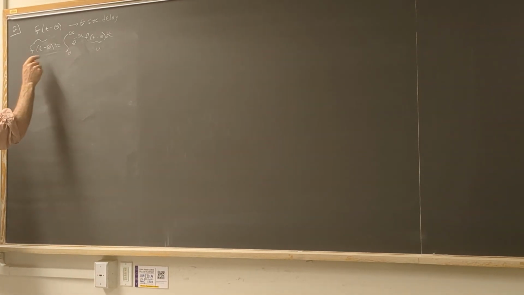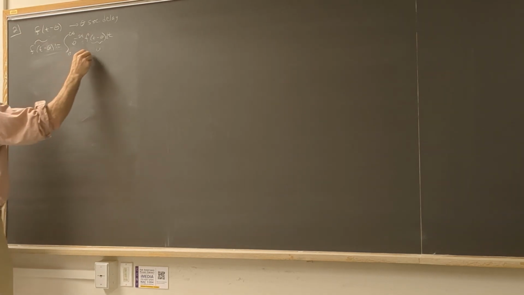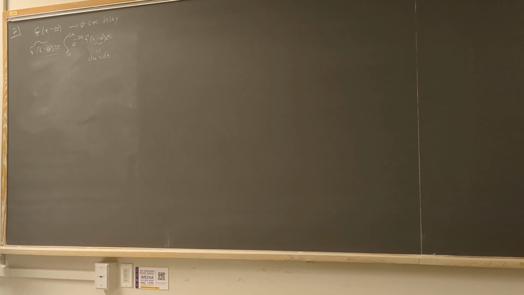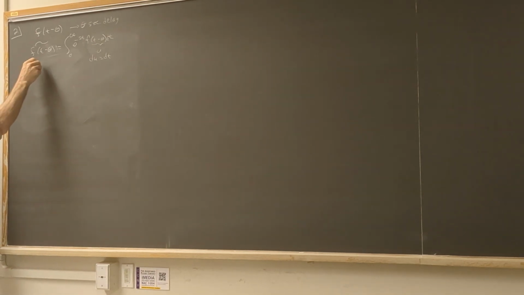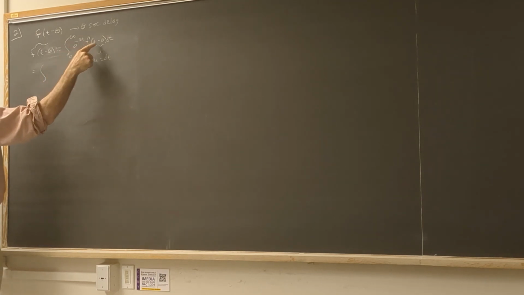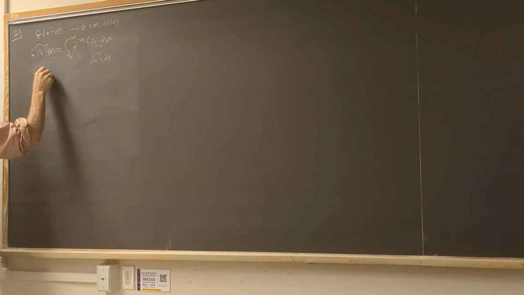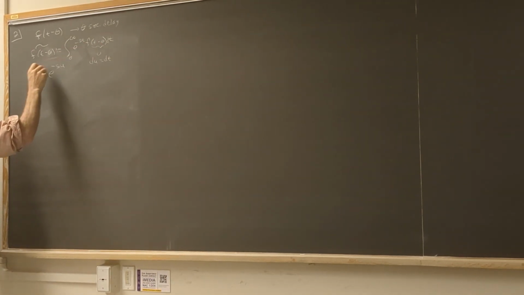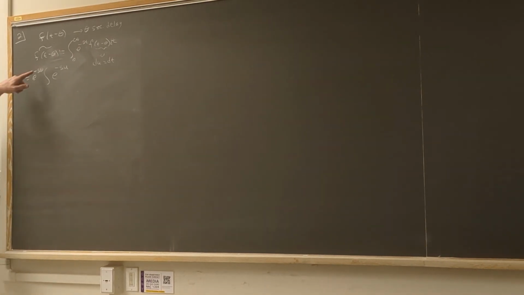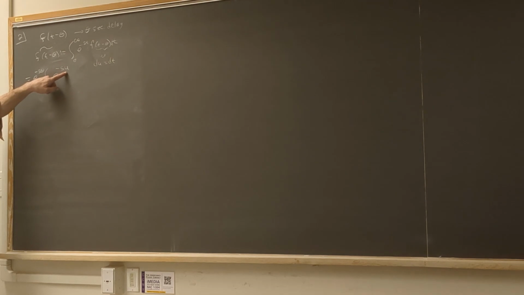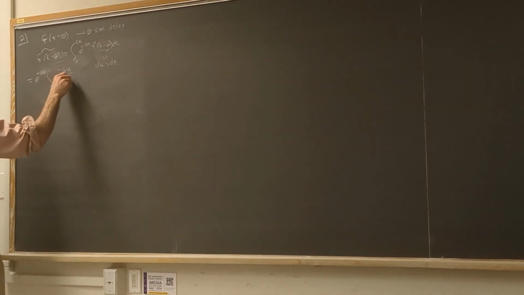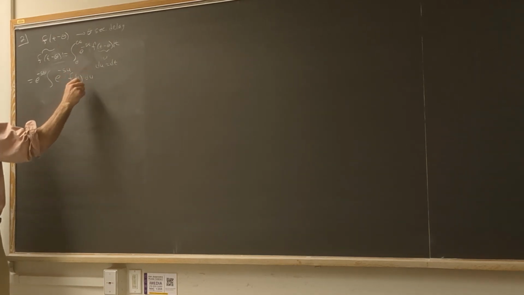So du is dt, because theta is a constant. And I can rewrite this as the integral of, now remember, t is theta plus u. So it's e to the minus s, theta plus u, but theta is a constant, so I can pull e to the minus s theta out of the integral, times f of u du.